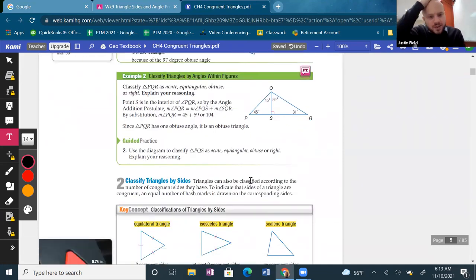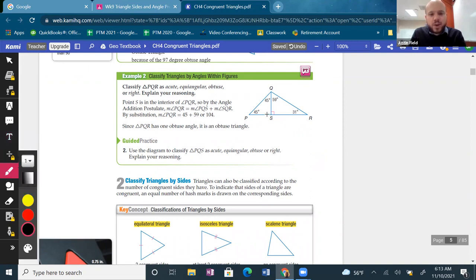Example 2, classify as acute. Oh, look, now we have three triangles here, one here, and the big one there. Okay, so use the diagram, classify PQS. PQS, that's this triangle here.